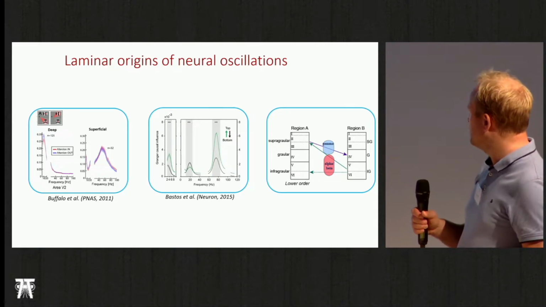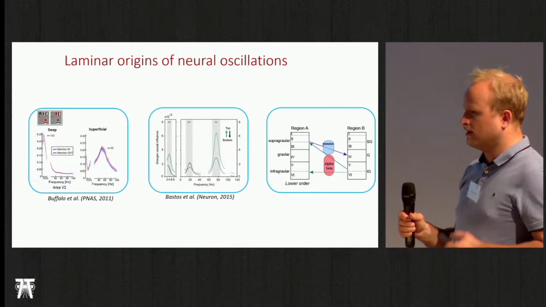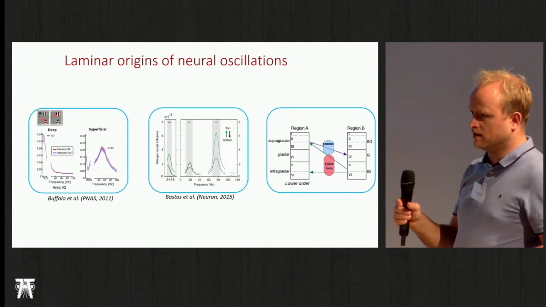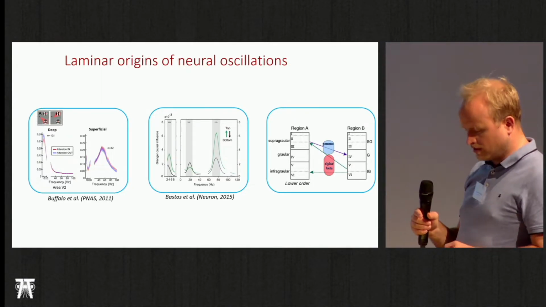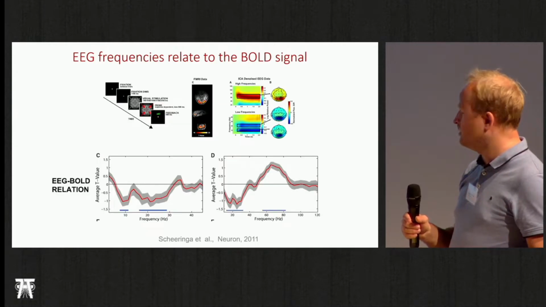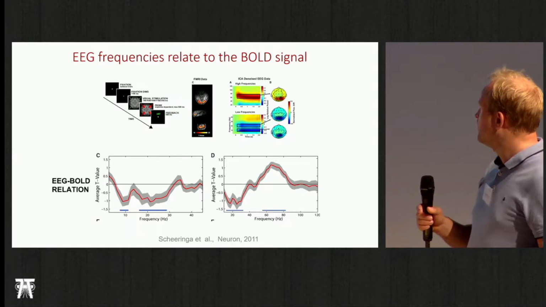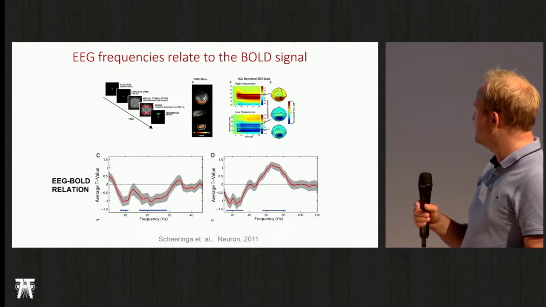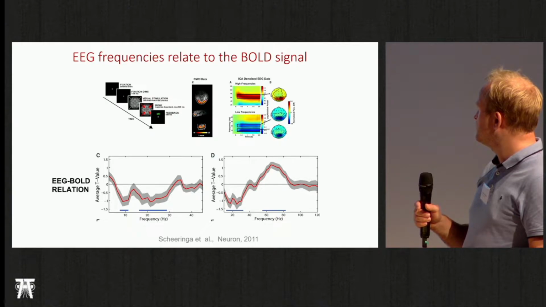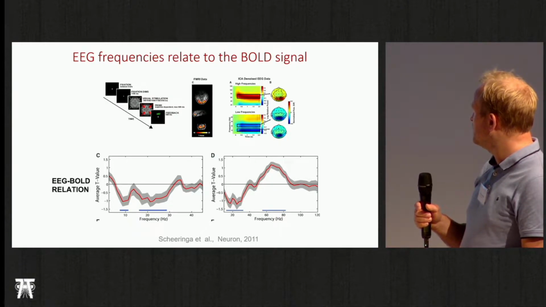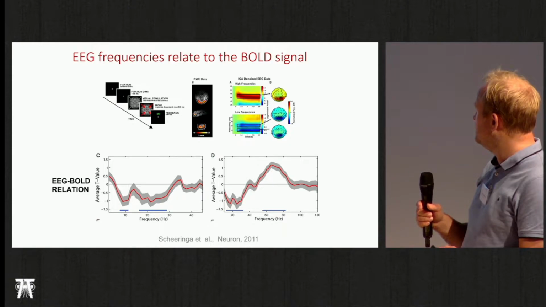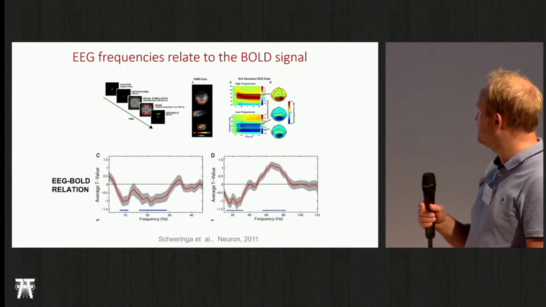As I said, I'm mainly interested in how EEG features relate to the BOLD signal, and in previous research I looked into it at a non-laminar level. I used a visual attention demanding task that gives strong activations in visual cortex, and I correlated every single frequency in the EEG, which is the EEG response to this visual stimulation, with the fMRI.